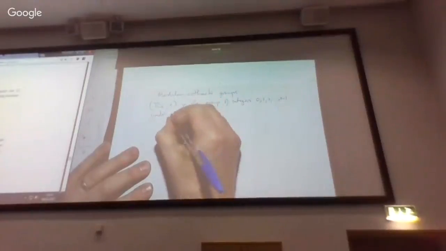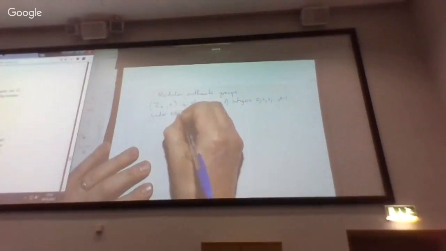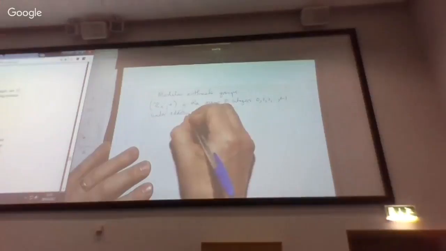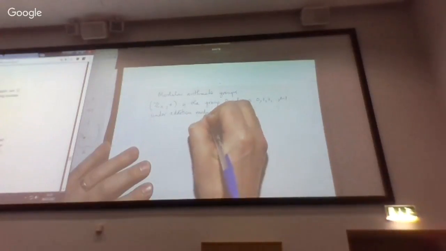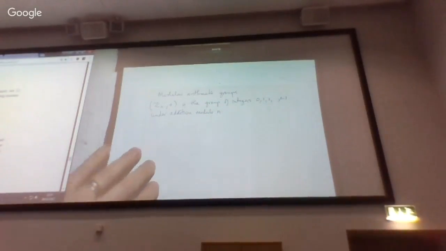And the operation here is addition modulo n. I'm just using the usual addition sign, but it's a slightly different addition. It means that you add the two integers in the usual way, but then if it's bigger than n, you divide it by n and just look at the small remainder that remains.